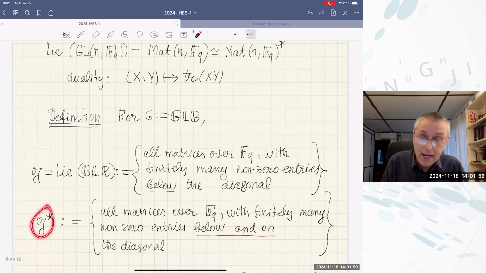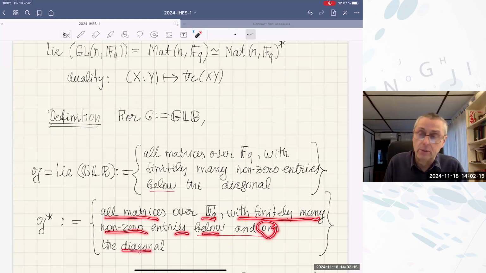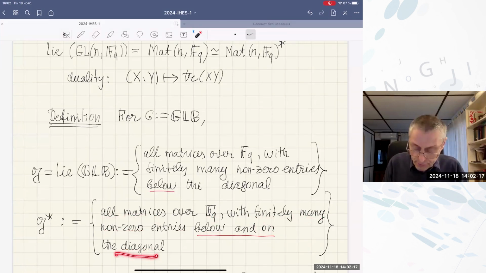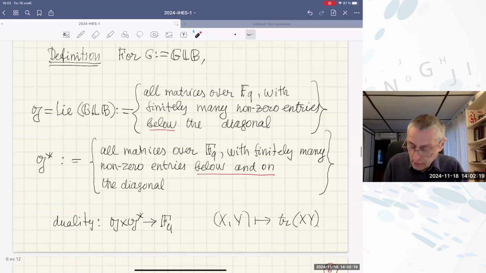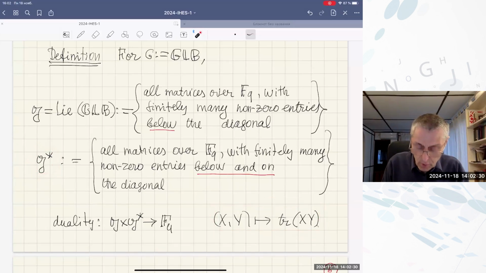And G star, the dual vector space of our base field, is almost the same, but not exactly. These are all matrices with finitely many non-zero entries below and on the diagonal. And because of this condition, again, we can define in the same way this pairing. So this object is the dual to the Lie algebra.